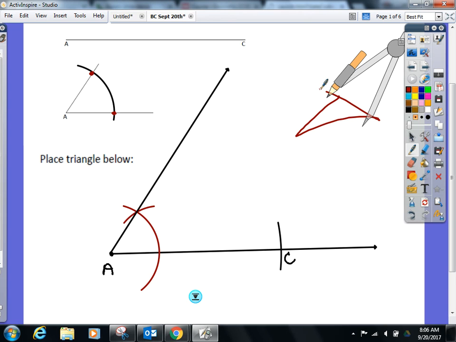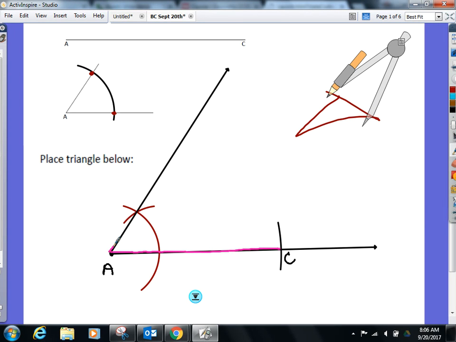Where am I going to put my compass and swing an arc? Here's AC. Here's angle A. Joanna, help. And make an arc on the ray I just made. Does everybody see that? That will form three sides now.